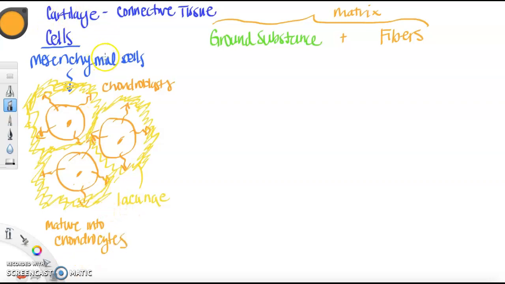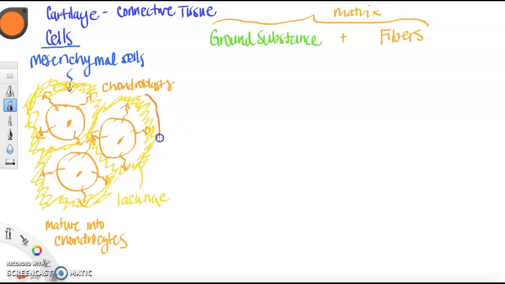Now the mesenchymal cells themselves are sort of in a dense fibrous connective tissue. So as the cells within this dense connective tissue differentiate into chondroblasts, the matrix that's being secreted is pushing the connective tissue out.